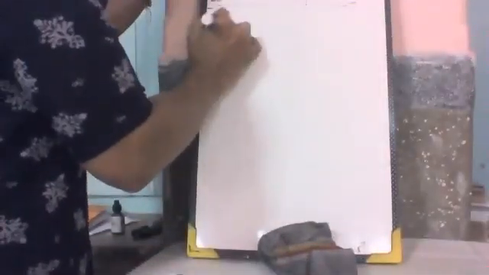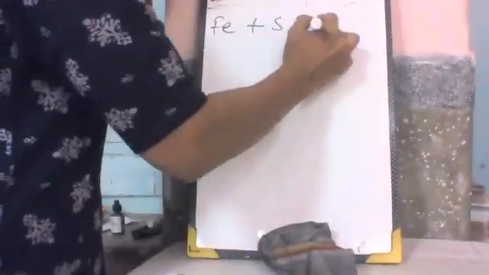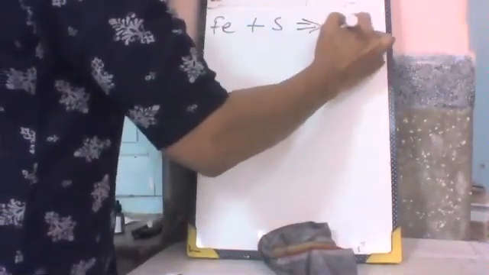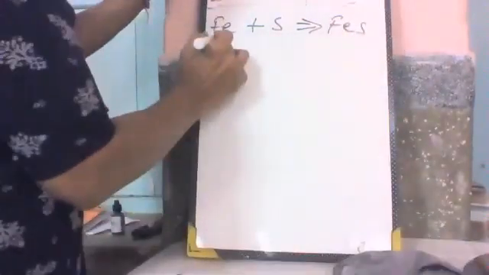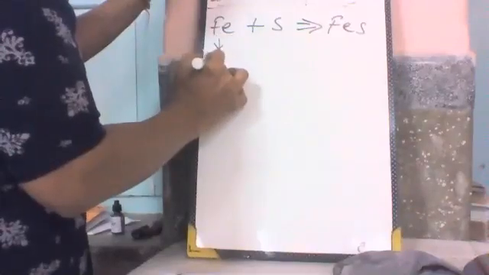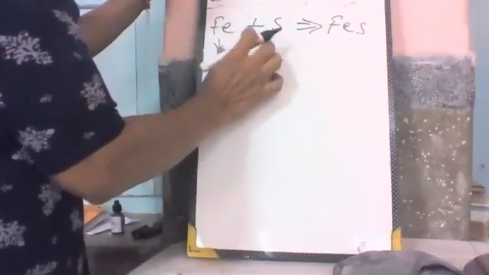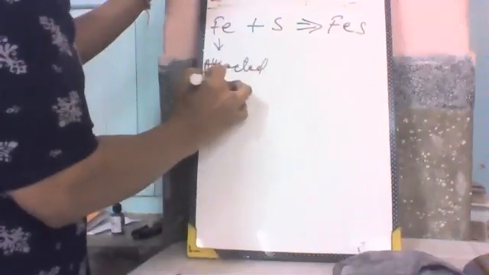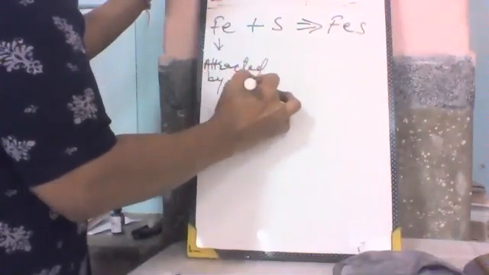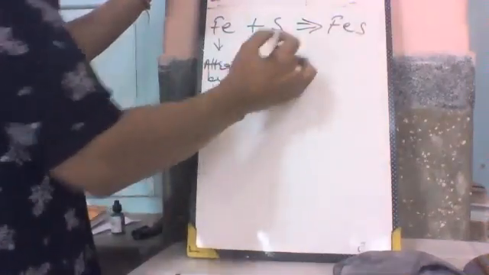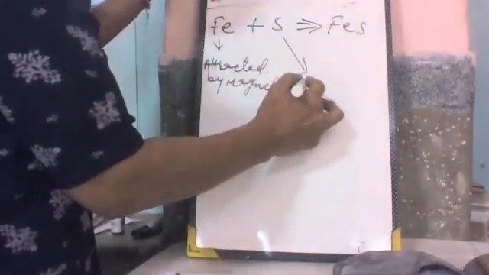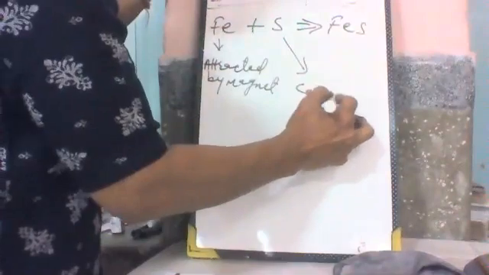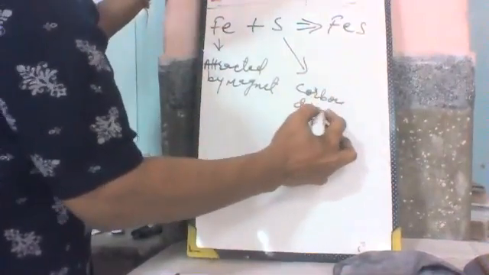Look, what is FeS? Iron plus sulfur forms FeS. Iron is attracted by magnet and sulfur is dissolved in carbon disulfide.